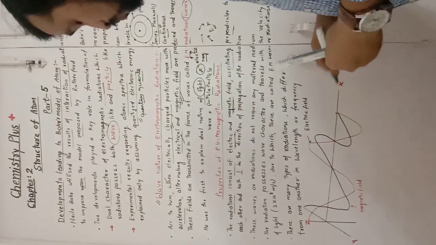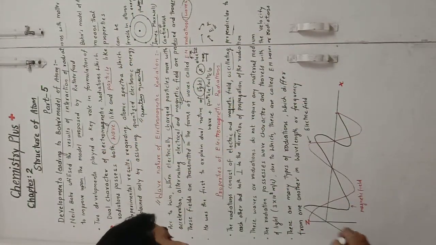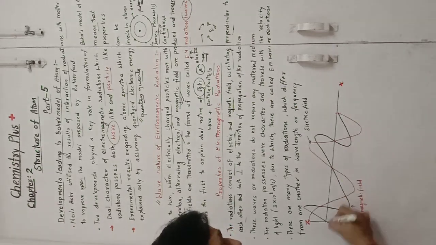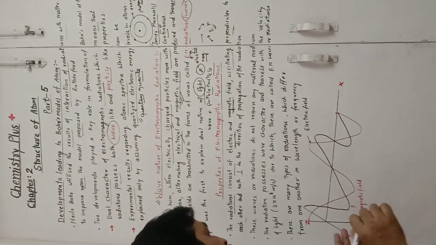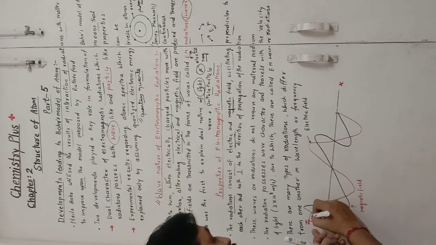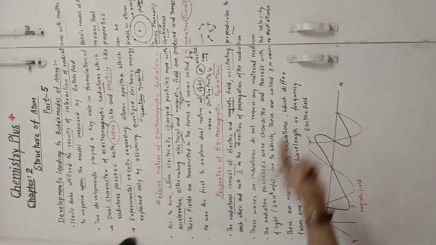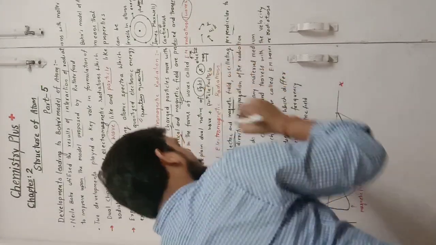So these electric and magnetic fields are oscillating perpendicular to each other. Suppose this is what I am representing as the three axes. This axis is the x-axis, around which the waves are oscillating; the second is y, which represents the magnetic field lines; and the third is the z-axis, which represents the electric field.